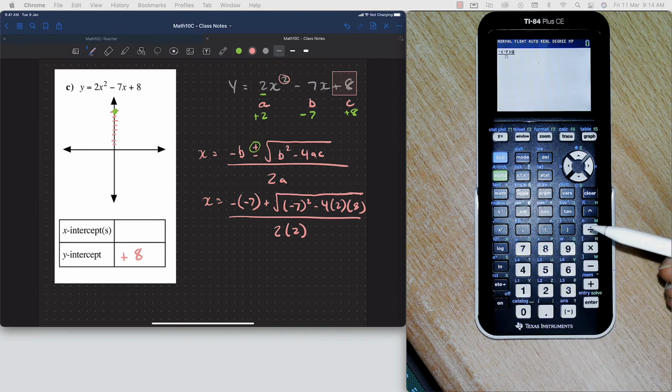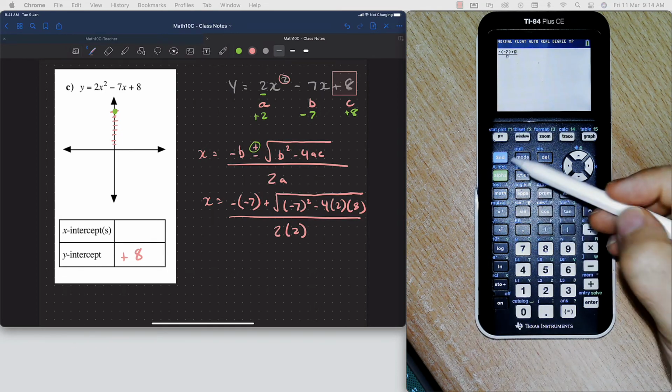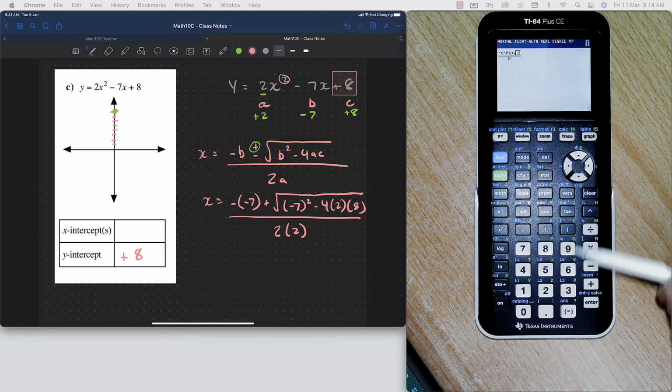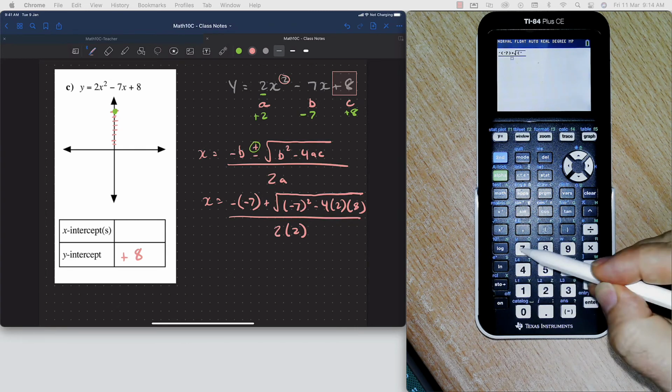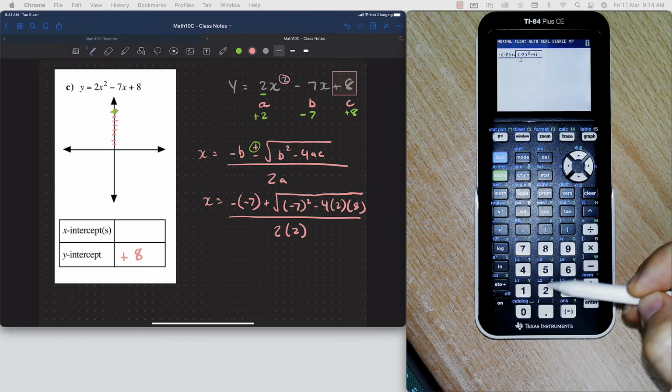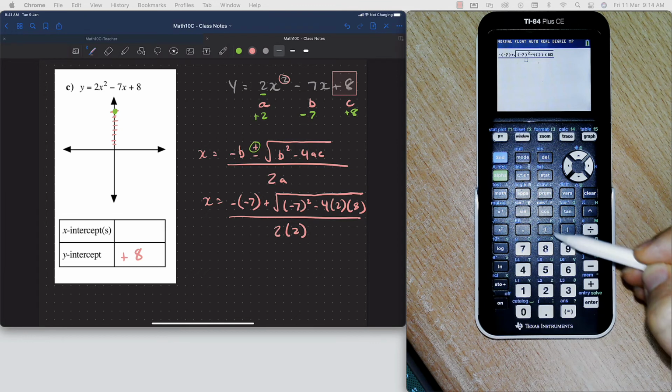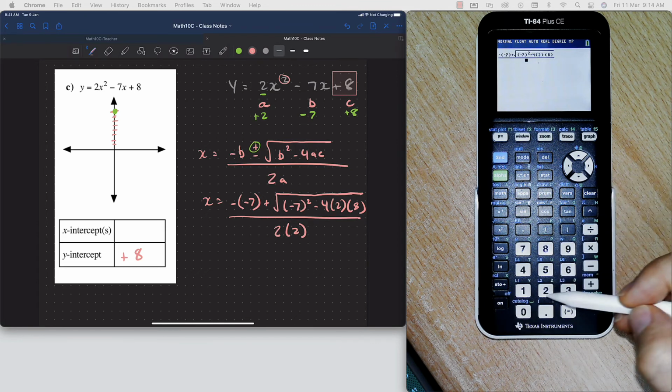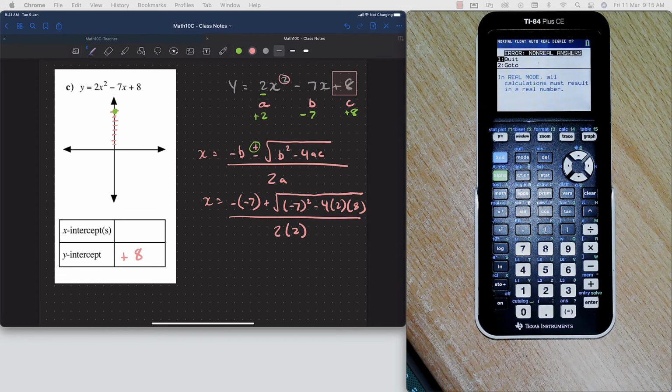It's still going to work. So I got a negative 7, in this case, plus the square root of bracket negative 7 bracket squared minus 4 times 2 times 8. Drop down to the denominator, and that's a 2 times a 2, and hit enter, and we have a problem.